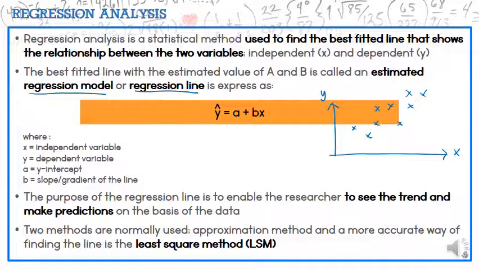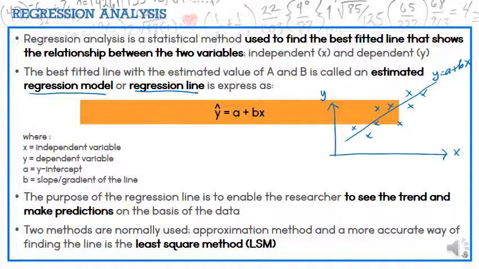If you want to find the strength of the correlation, you use correlation analysis. But if I want to find a line, a line, that best fits this relationship, you have to use regression analysis.